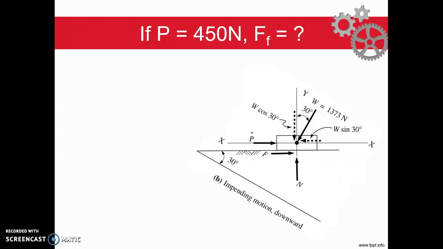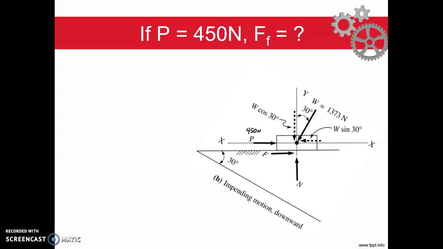So if we get back to our part C of this example problem, where we're going to push with 450 newtons worth of force, that's going to be enough to keep it from sliding down the ramp, but it's not quite going to be enough to cause it to slide up the ramp. The box is going to be staying still, and we're pushing with a force somewhere in between.